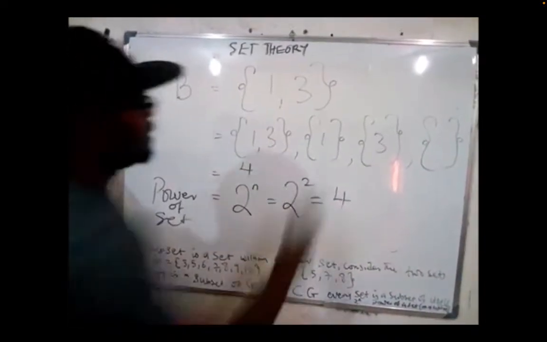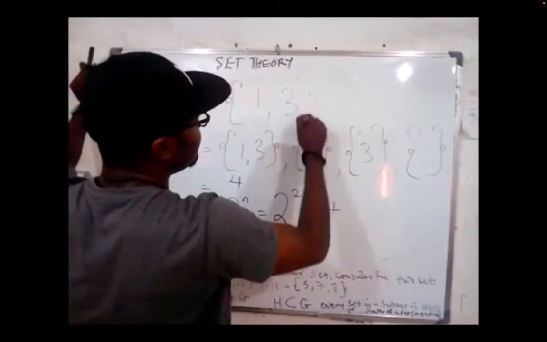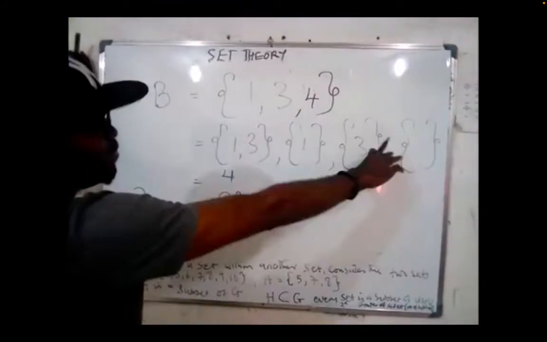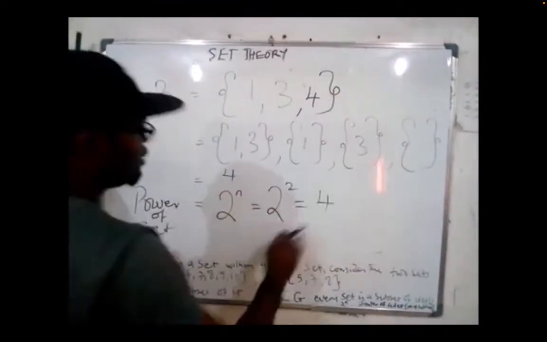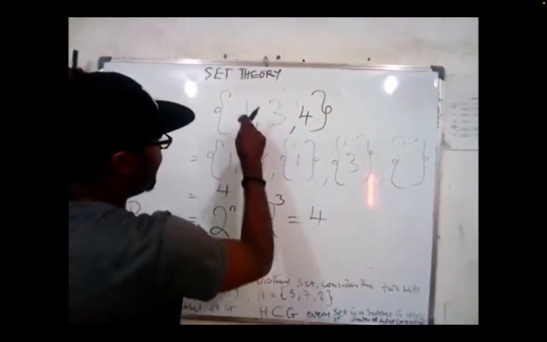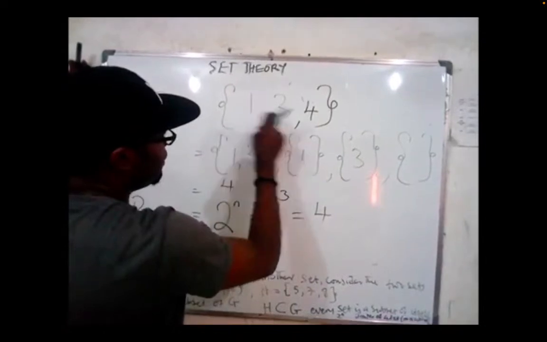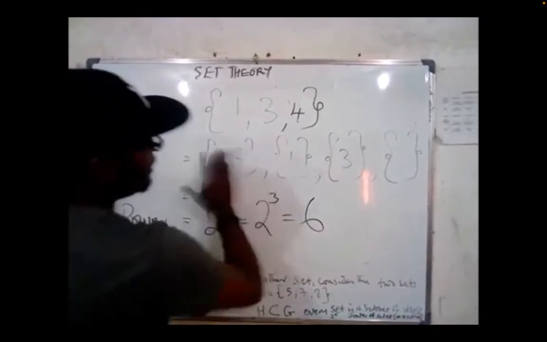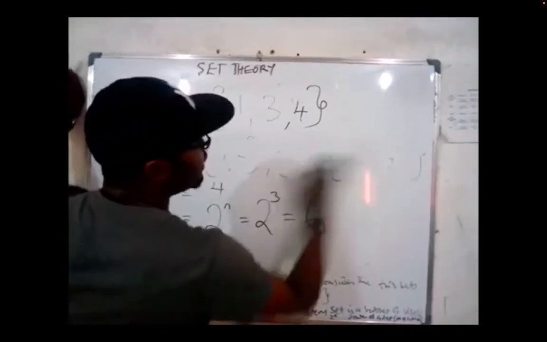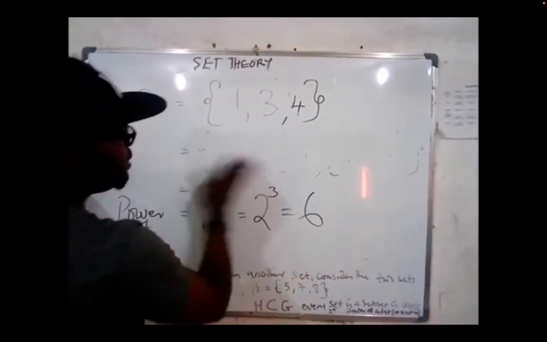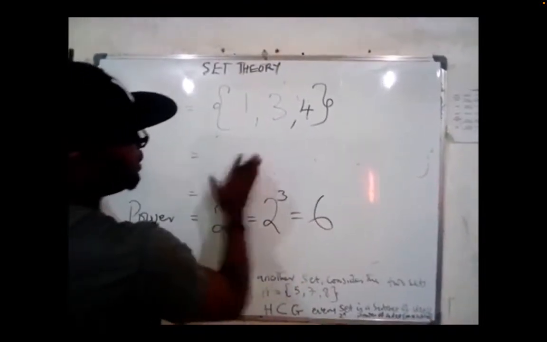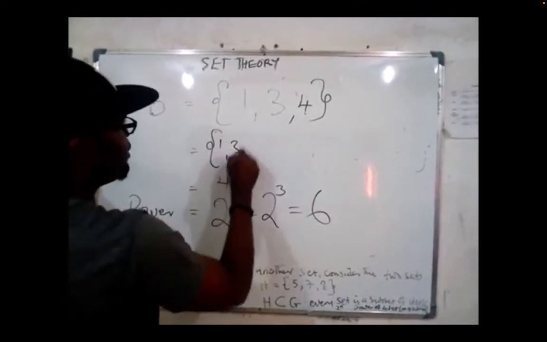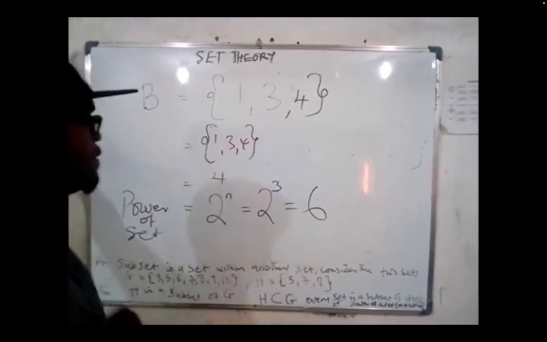Let's say you're given 1, 3, 4, and you're told to find the subsets. Without writing them one by one, just say 2 to power 3 because you have how many elements? 1, 2, 3. So it's going to have how many subsets? 6. Once you know the number of subsets, it's easier to write them. Every set is a subset of itself, so you write this first.